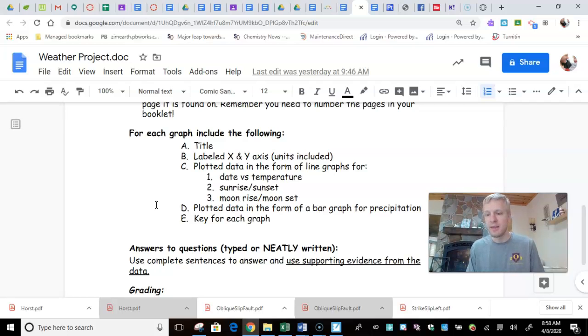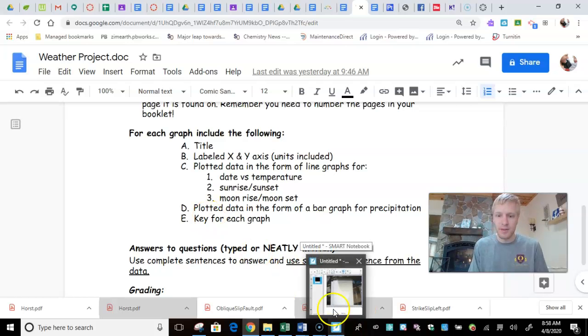Yes, but typically with precipitation graphs, they are in bar because you're looking at quantities in amount, and typically a bar graph is better for visualizing amounts of quantities. And then you're going to need a key for each graph.